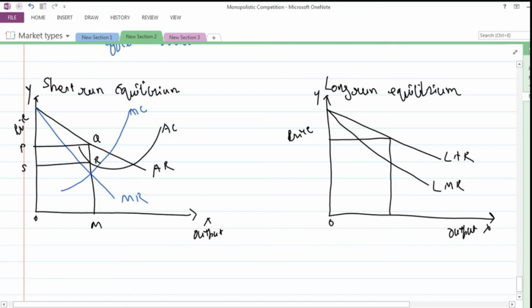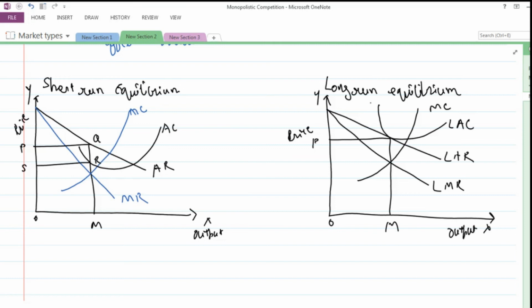The price is P, the quantity supplied is M. The marginal cost curve cuts the average revenue from below, from this point. This is the marginal cost curve. This is the long run average cost curve. So on the left side is the short run equilibrium, and on the right side there is the long run equilibrium.